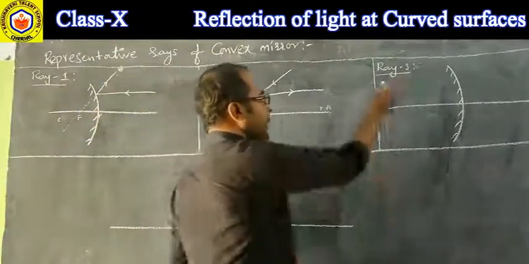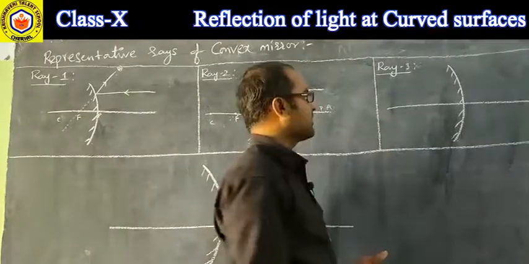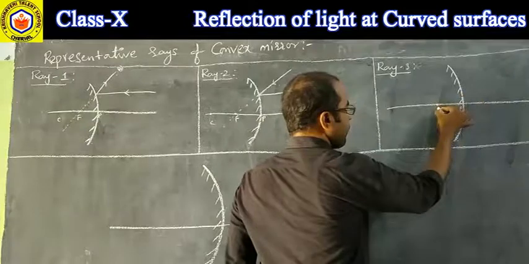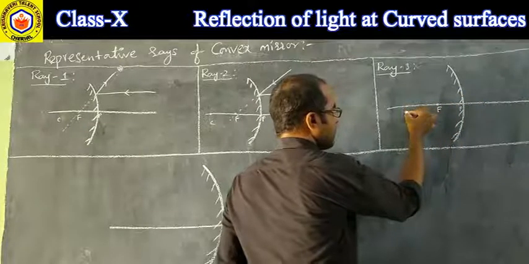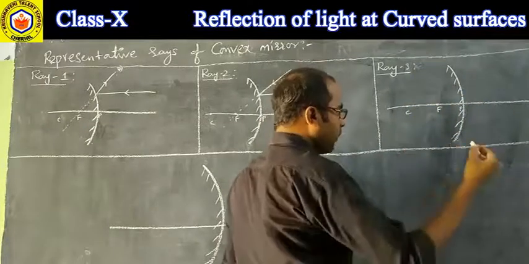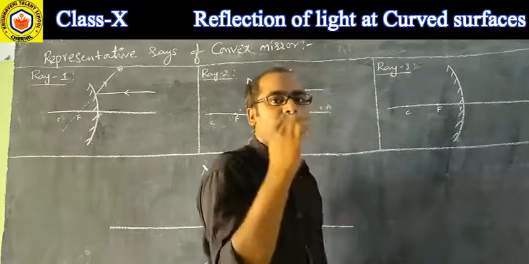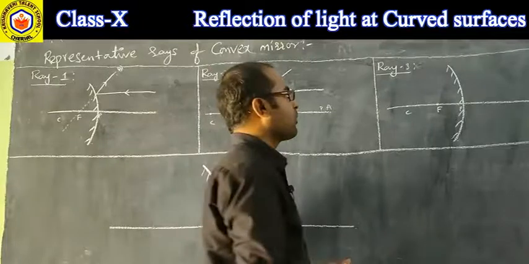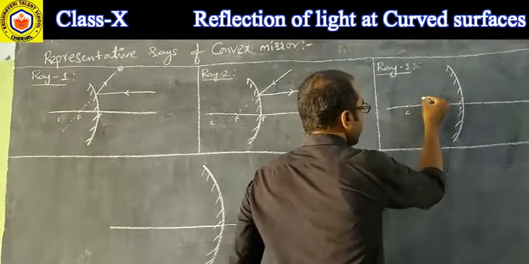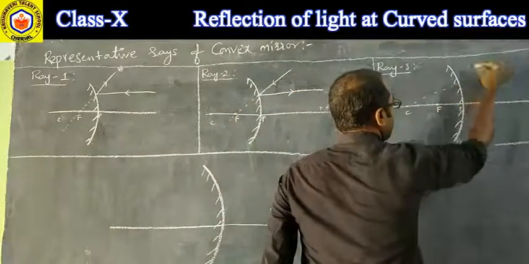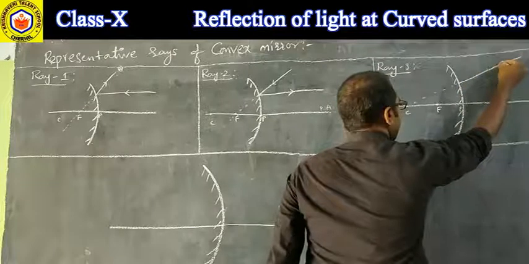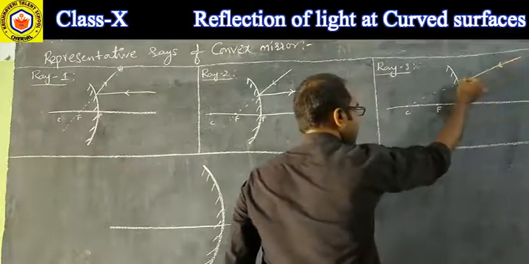And next, ray 3. In the same manner, pole, focus, center of curvature. Now let us take a ray which is appearing to pass through the center of curvature. That means here it is the incident ray.